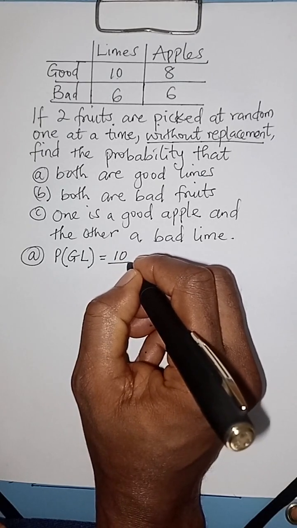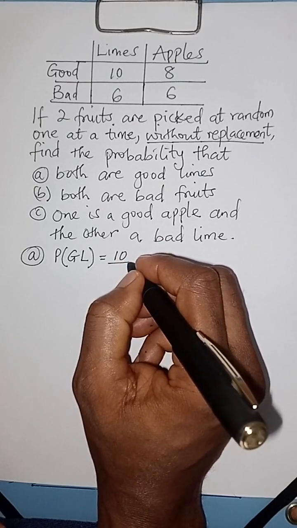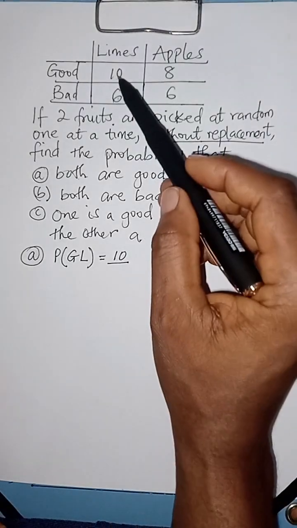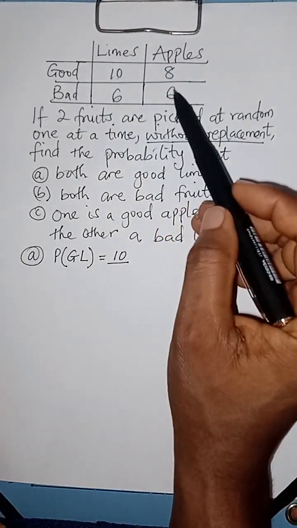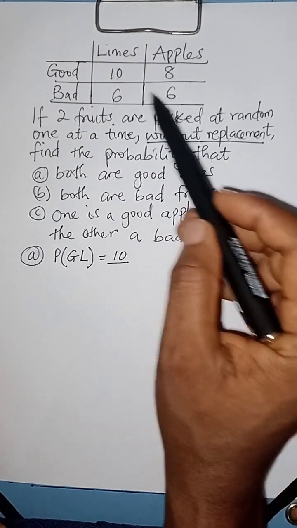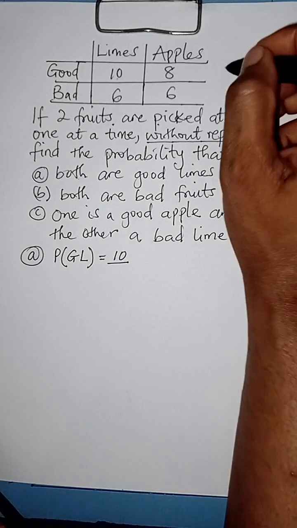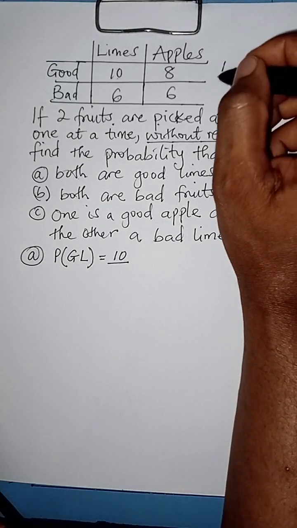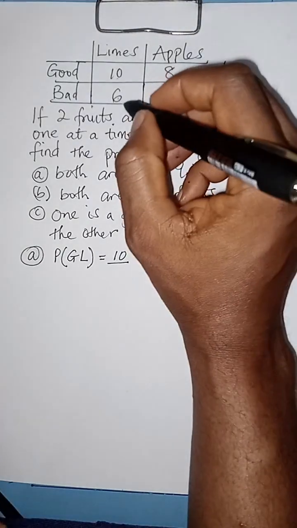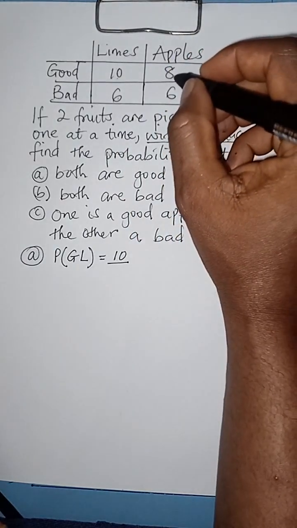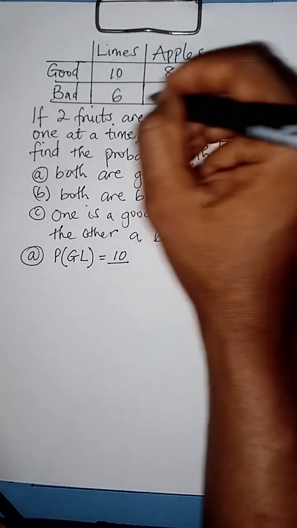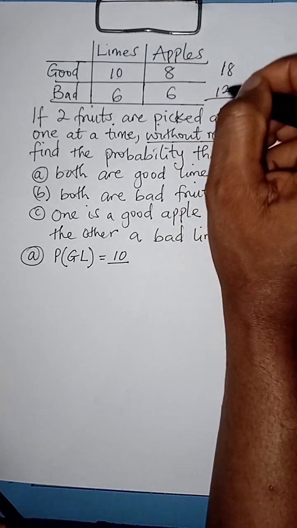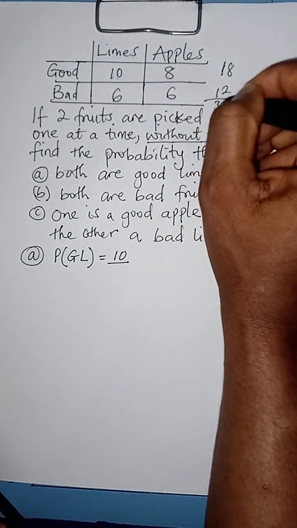So the question is, how many fruits do we have in the bag? Now recall this is 16 limes and this is 14 apples. So 16 plus 14, or if you want to add it, 10 plus 8 is 18, 6 plus 6 is 12. That should give you 30.